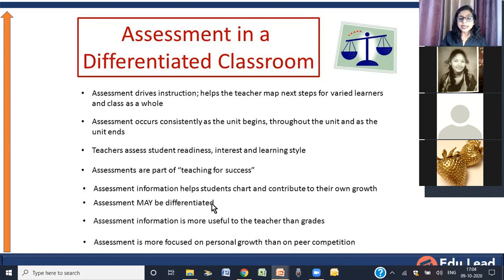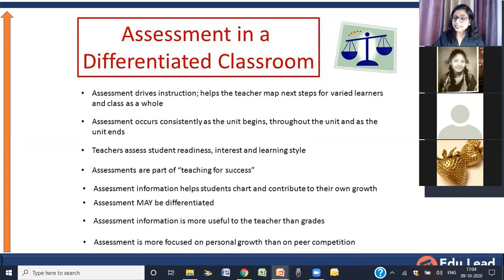Assessment information helps the student chart and contribute to their own growth. So when you make the child do self-assessment, when you make your child reflect metacognitively, it will contribute to the child's own growth. And assessments also can be differentiated, and I'll tell you how.